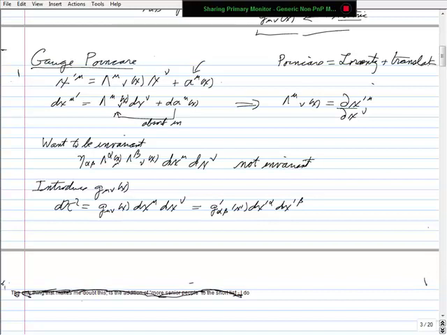And you can do that, so here's the transformation. I'm sorry.